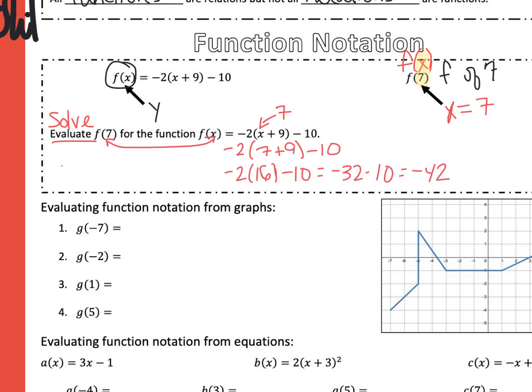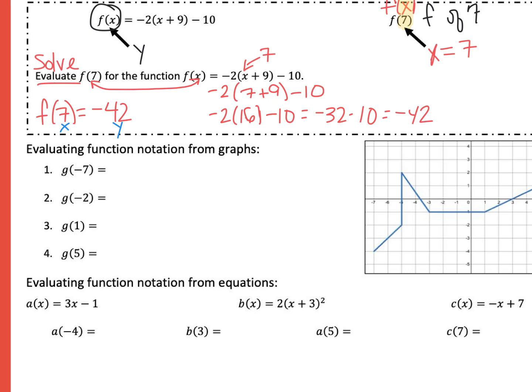So what we would write is f of 7, because 7 is what we put in for x, equals negative 42. And what that is saying is that x is 7 and y is negative 42. If we graphed that equation on our table, we would have 7, negative 42 on that line. So that takes us to this graph.